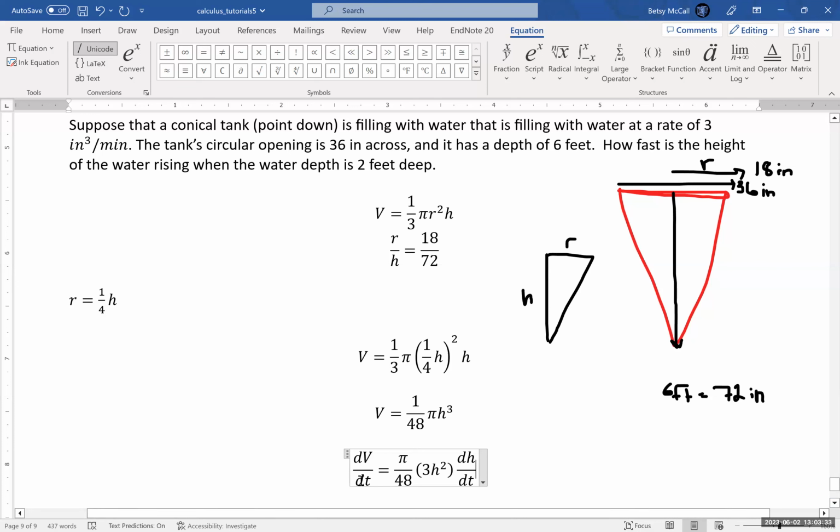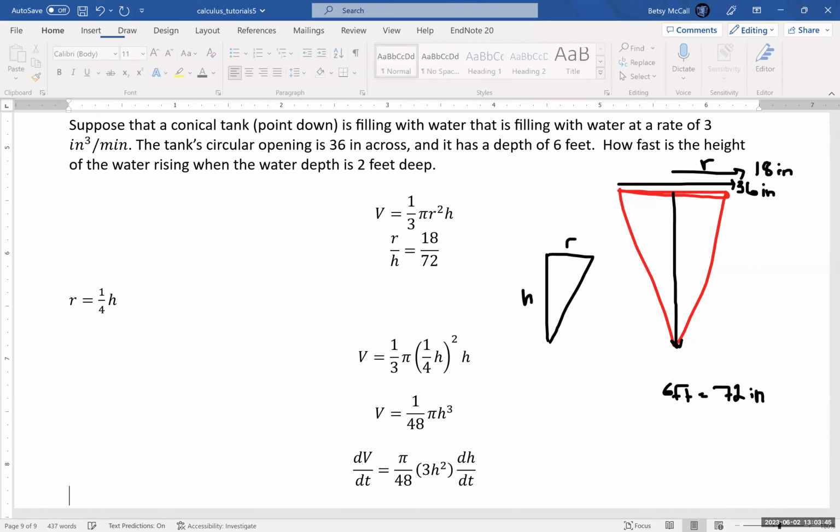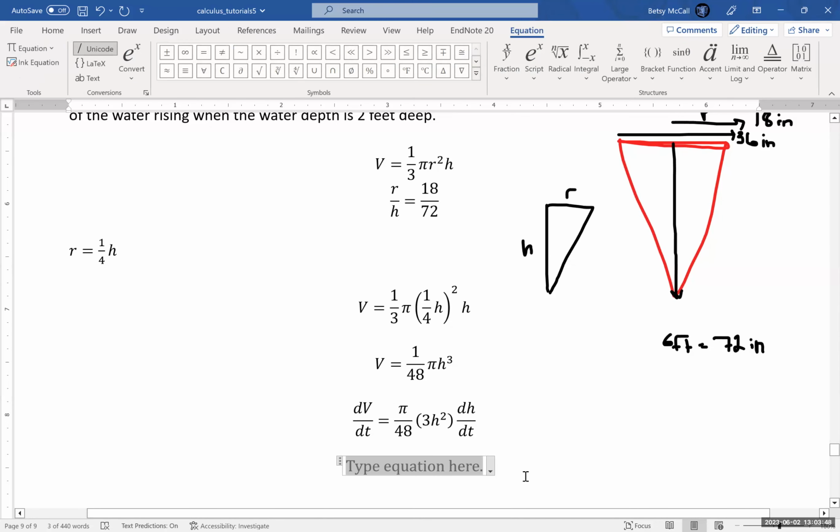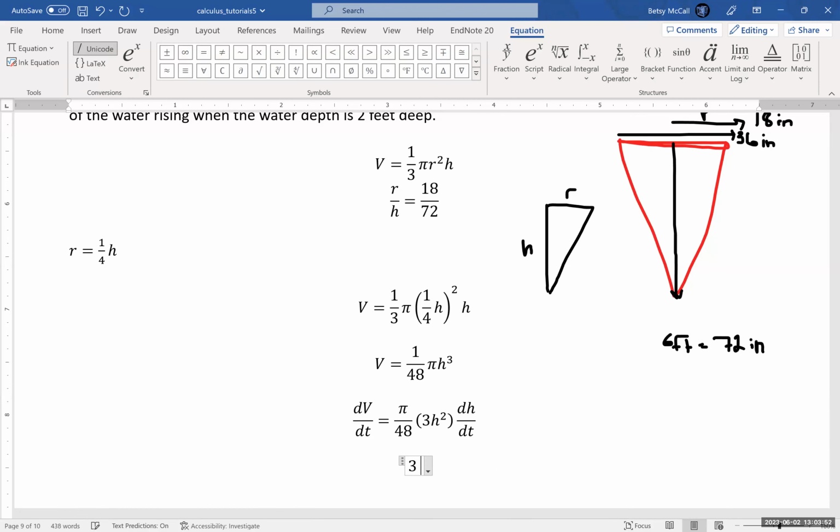That's the dV dt. We plug that in. When the depth of the water is 2 feet deep, that's H, but remember we have to convert 2 feet to inches, so that will become 24. And so when we calculate this, we will get 3 inches cubed per minute.